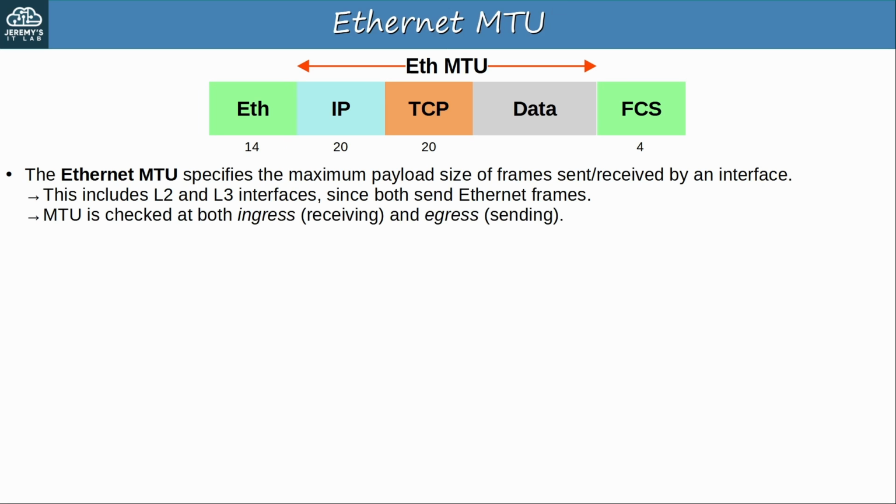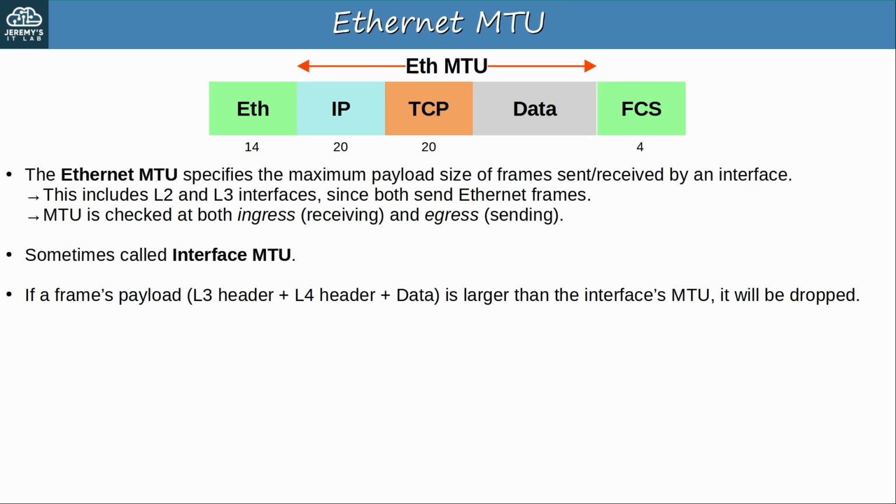And although the name is Maximum Transmission Unit, not Maximum Reception Unit, MTU is checked at both ingress, meaning when receiving a frame, and at egress, when sending a frame. Sometimes the Ethernet MTU is called the Interface MTU, although I prefer the term Ethernet MTU.